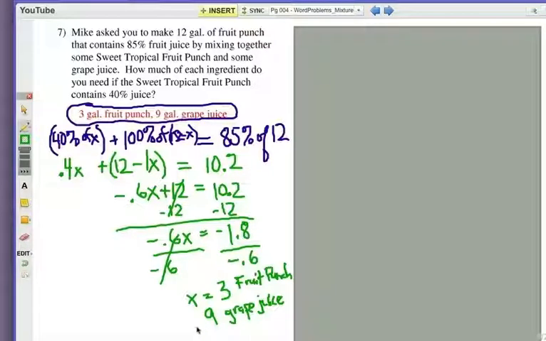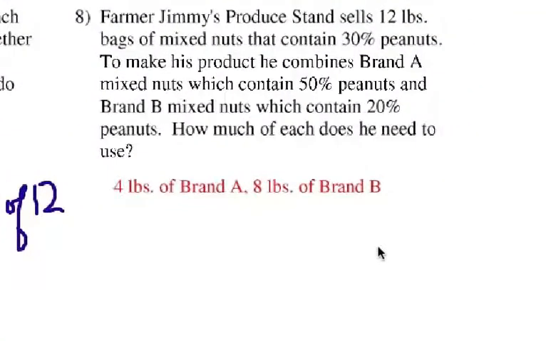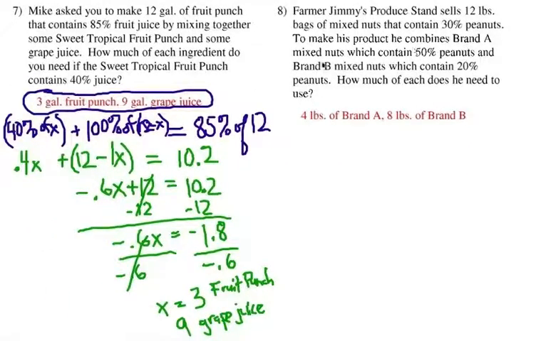Let's look at number 8 and have you give that a try. Number 8, Farmer Jimmy's produce stand sells 12 pound bags of mixed nuts that contain 30% peanuts. To make his product, he combines brand A mixed nuts, which contain 50% peanuts, and brand B, which contain 20% peanuts. How much of each does he need to use?